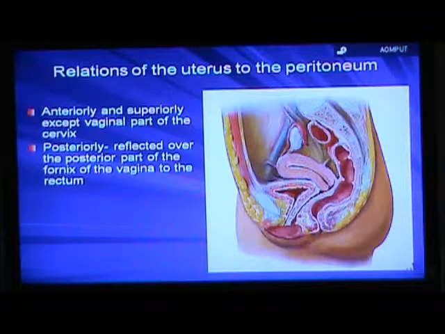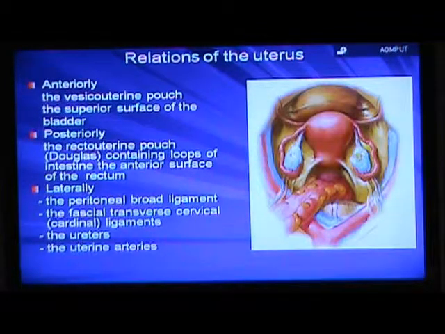So here we remember it's the recto-uterine pouch, this Douglas cavity. Anteriorly to the uterus are located the vesico-uterine pouch and the superior surface of the bladder. So here it's the vesico-uterine pouch and the superior surface of the bladder.